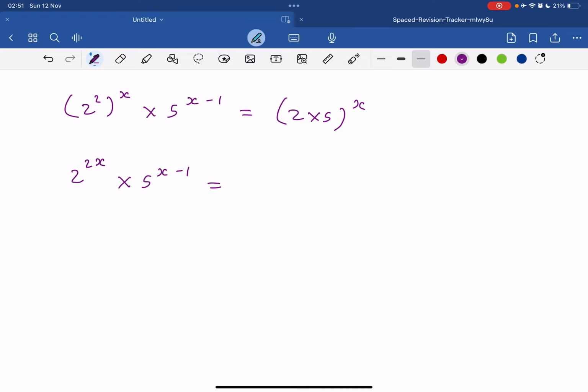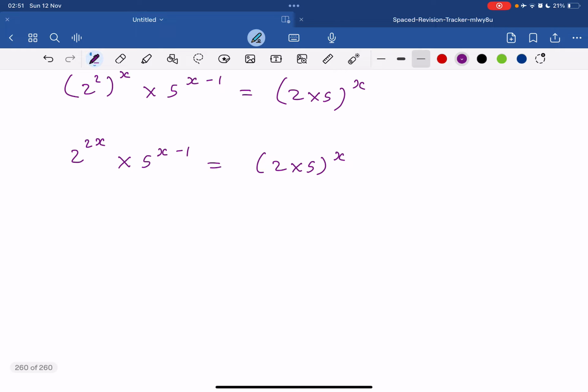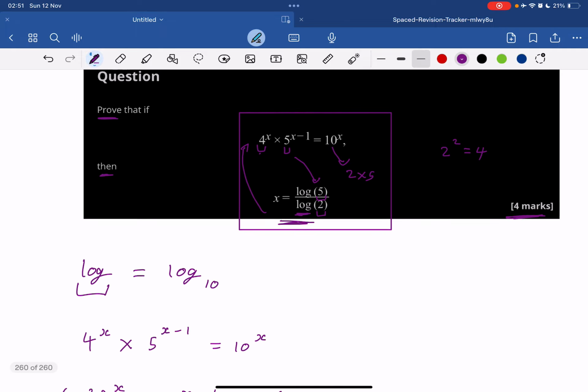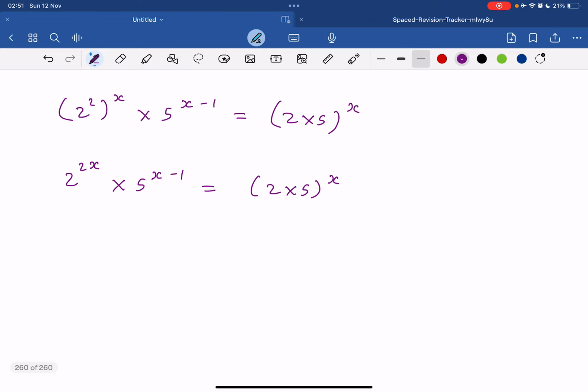Now, I will keep this as 2 times 5 to the power of x, like this. Next, I'm going to do what the question wants me to do, which is eventually get to logs. So let me take logs of both sides. Logs is an operator. It's like multiplication. It's like division. It's something I do to both sides of the equation.